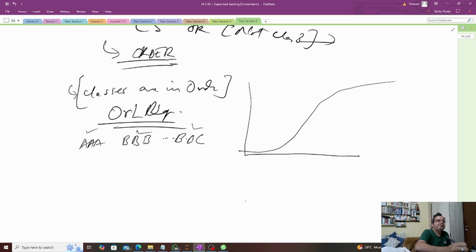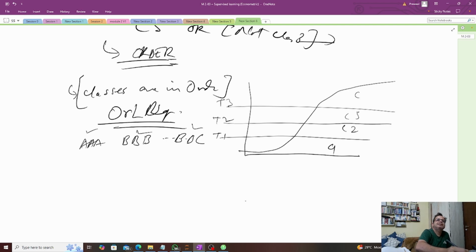So you find the interim thresholds, these are my three thresholds, and based on where the value lies between these regions, that tells me whether it is class 1, class 2, class 3 or class 4, because these are ordered.